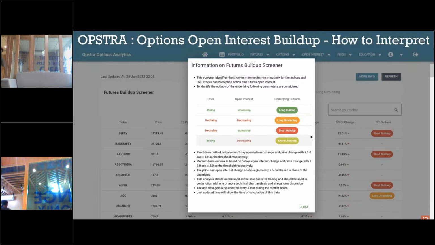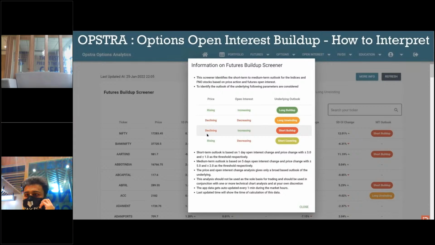Now let's come to short build-up. It is when the open interest increases but the option price decreases. Let's say option sellers are bullish. They sell put options so that they get the premium, because the premiums of put options decrease if the market goes up.